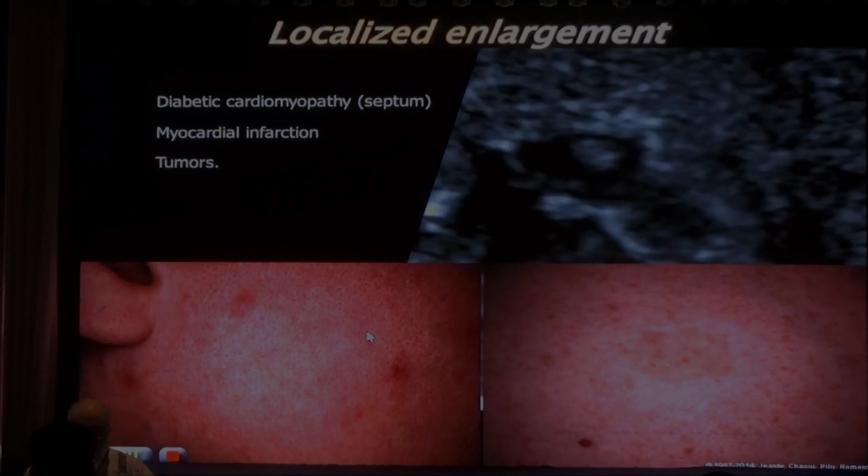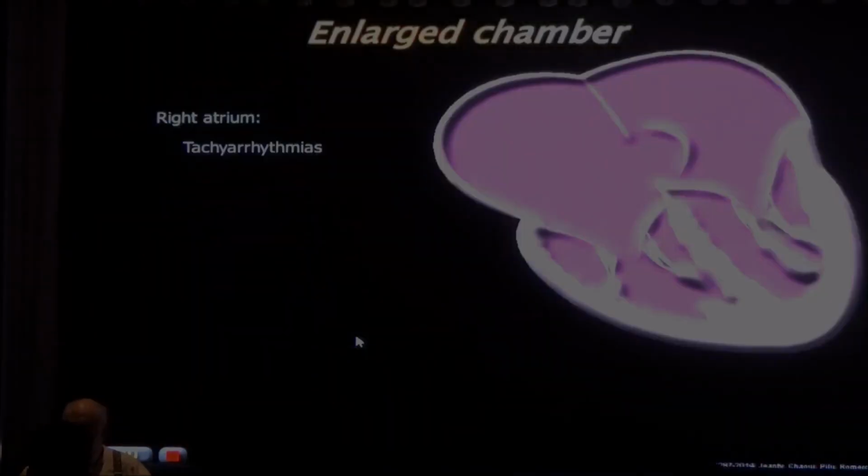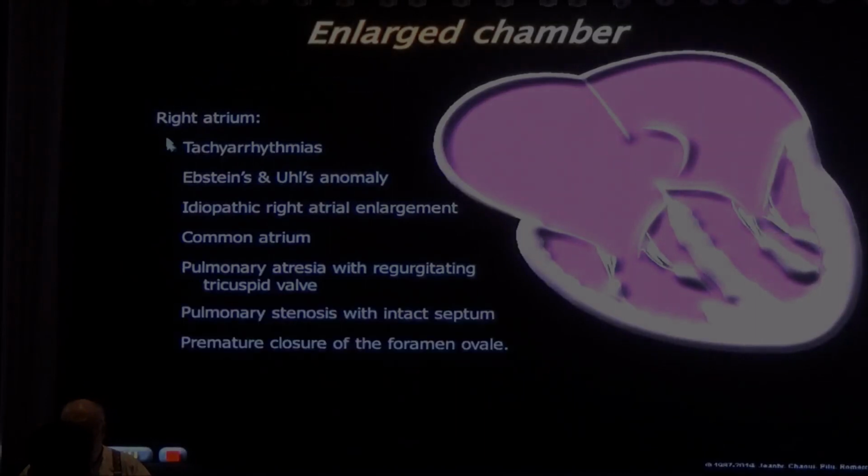This mother actually didn't know she had tuberous sclerosis, and when you find tuberous sclerosis, also look in the brain to see for some nodules around the ventricle, and look at the kidney to see for echogenic masses in the kidney. An enlarged chamber is usually the right atrium, with a long list of differential diagnoses for enlargement of the right atrium.